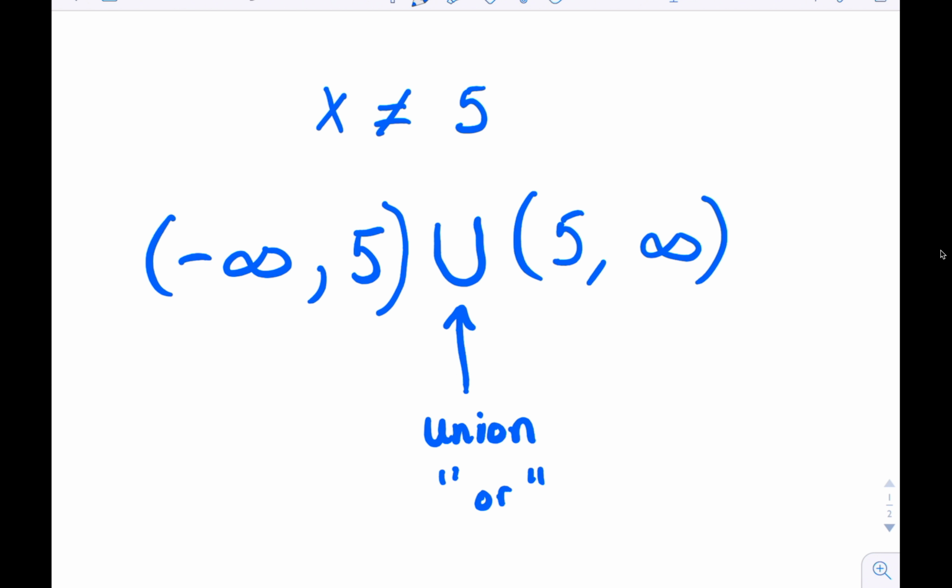This is saying that the domain of my function goes from negative infinity to 5 or from 5 to infinity, so both sets are included there. When I have the open parenthesis on 5, I can't use that number. So x can't be 5 translates to that in interval notation. Again, if you guys have any questions, please come see me and we can practice writing interval and set notation.